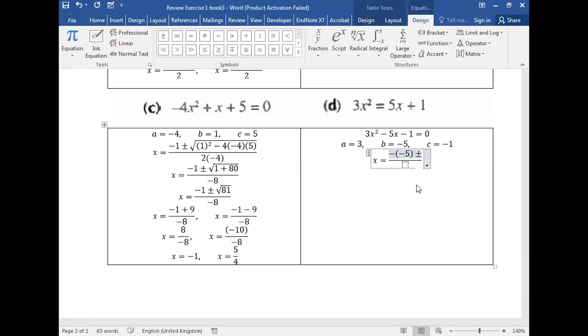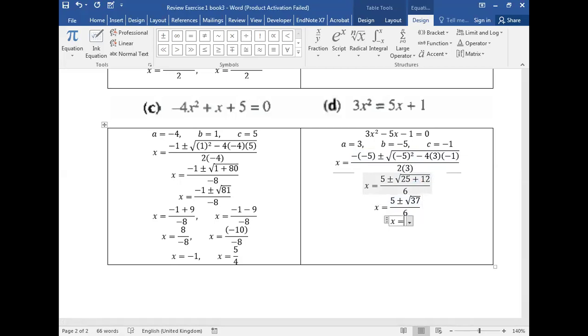Plus minus under root of -5 square minus 4 A C upon 2A. Be very careful with the values that you plug in. 25 plus 4 3s are 12, and this is 6. 5 plus minus under root 37 upon 6.